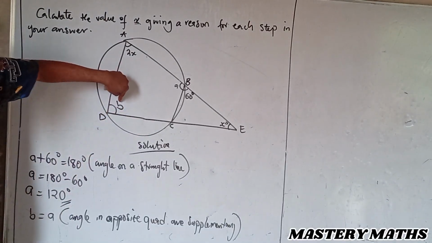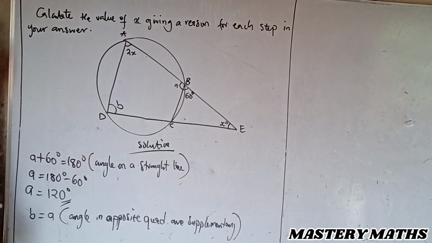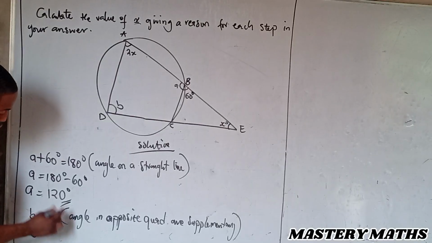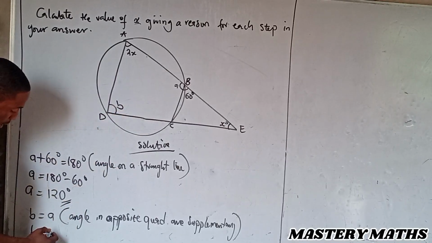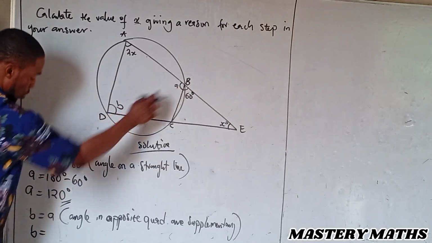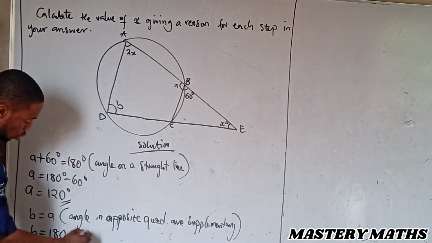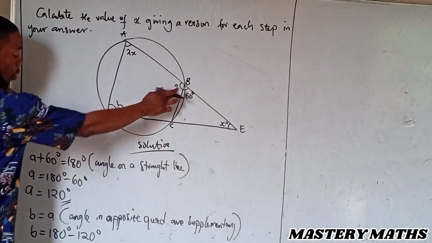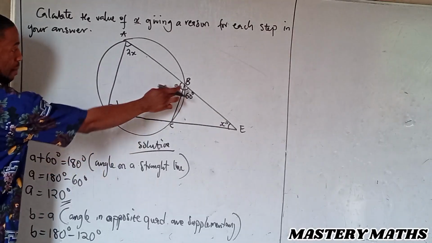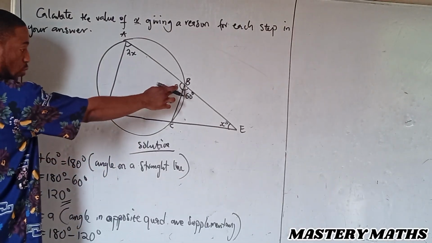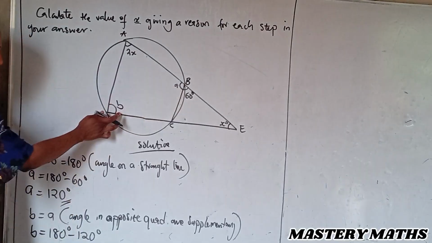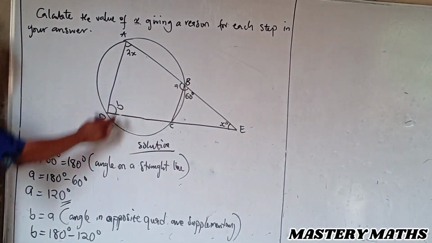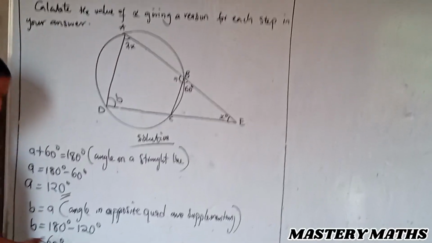We need to look for this B. Now, how do we check for the B? We say our A is 120, so B will be 180 minus 120 degrees, because angles in opposite cyclic quadrilateral are supplementary. Since the total is 180 and the opposite angle is 120 degrees, to get the B it will be 180 minus 120, which gives us 60 degrees.